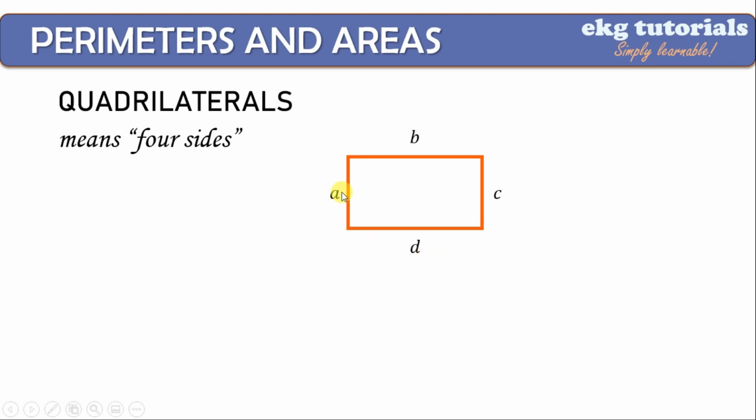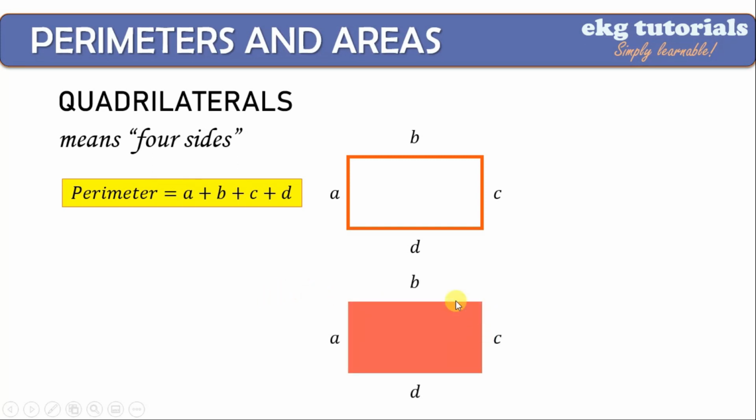Again, you just add the four straight sides, and you have the value of the perimeter. Okay. Now, what about the area? Okay. So this is the area of our quadrilateral.